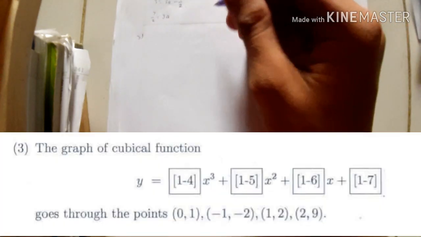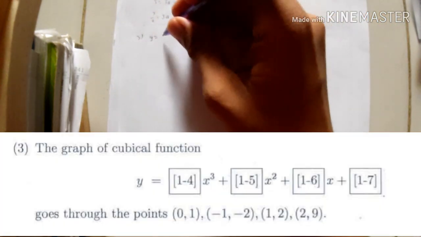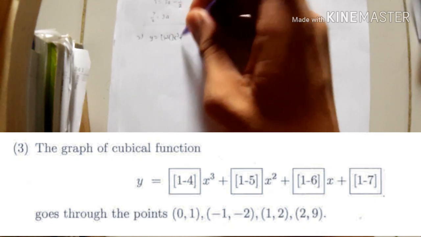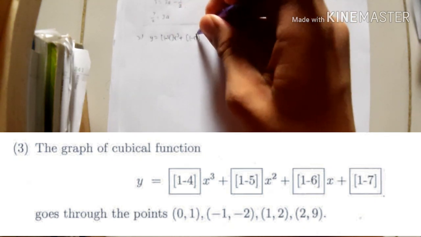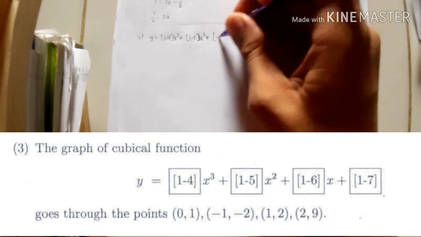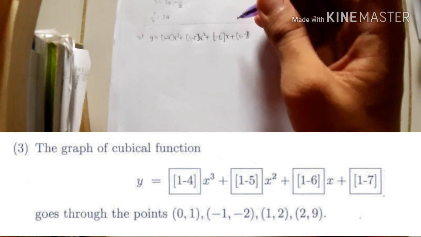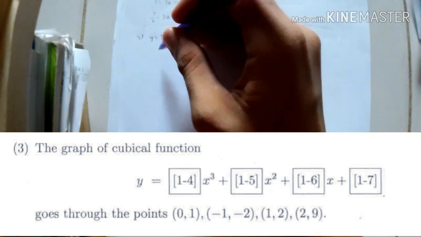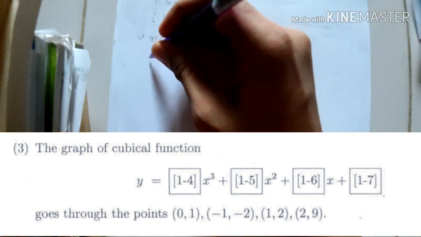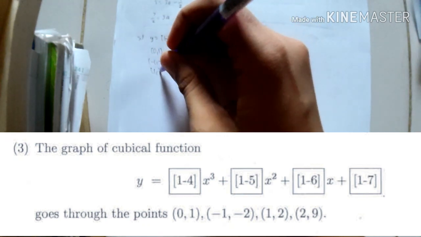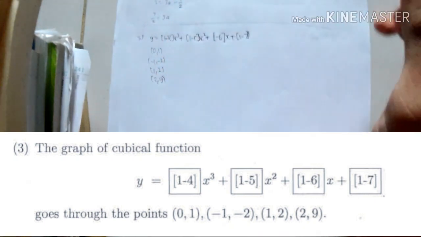For number 3, it is said the example of the graph of a cubical function. So y equals 1 over 4 x cubed plus 1 over 5 x squared plus 1 over 6 x plus 1 over 7. So this is only the question, and they say that the graph of the cubical function goes through 0,1, minus 1,minus 2, then 1,2, and 2,9.